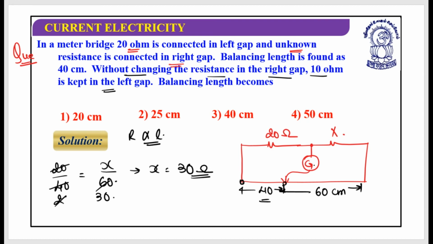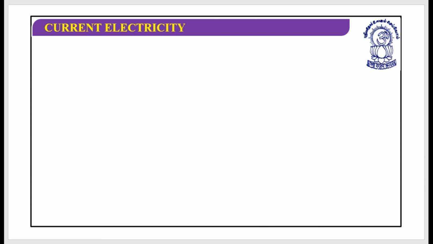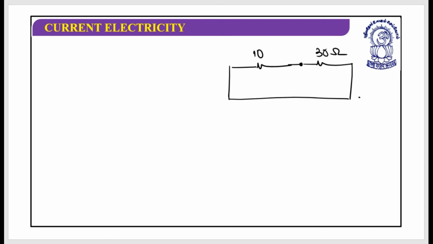Now they are saying, without changing the resistance in the right gap, that means this 30 ohm will be kept as it is. 10 ohm is kept in the left gap, so the situation should be, this is the 10 ohm, this is the X which you found, 30 ohm, and this is the jockey and you are searching for it.